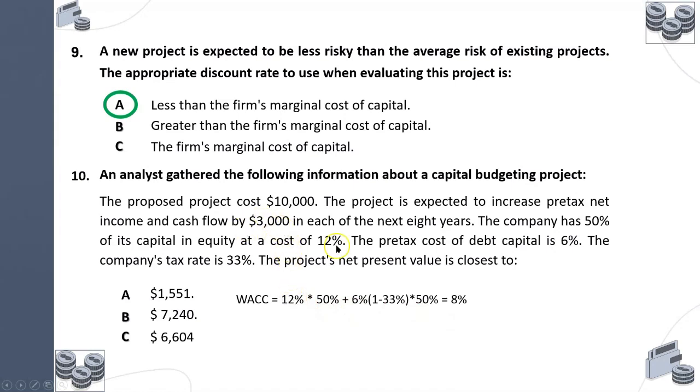12% cost of equity times the weight of equity, 50%, plus the weight of the debt, 50%, times the cost of debt times (1 minus T). This will give us a discount rate of 8%. I could do the calculation here, but I prefer to go to Excel and show you how to do this in a simple way.